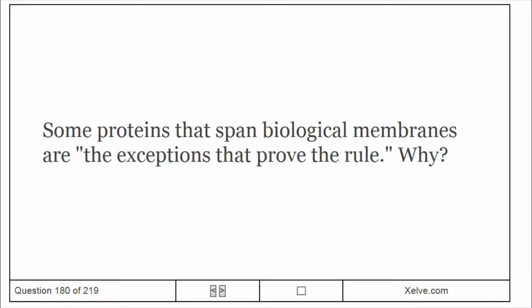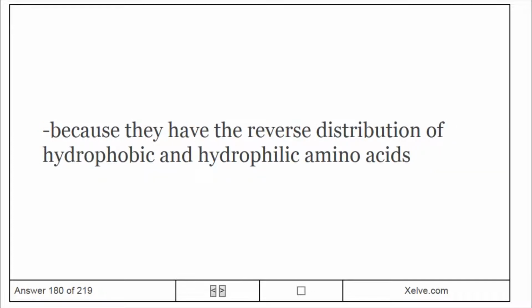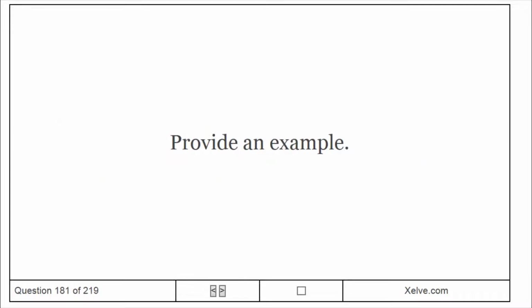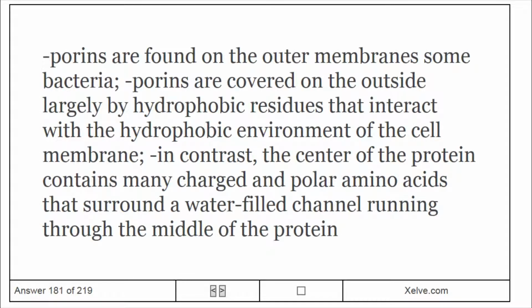Some proteins that span biological membranes are the exceptions that prove the rule. Why? Because they have the reverse distribution of hydrophobic and hydrophilic amino acids. Provide an example.